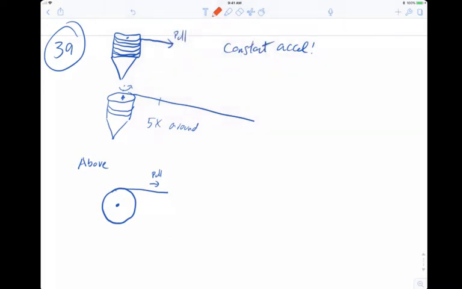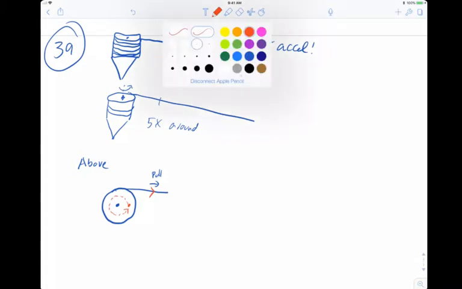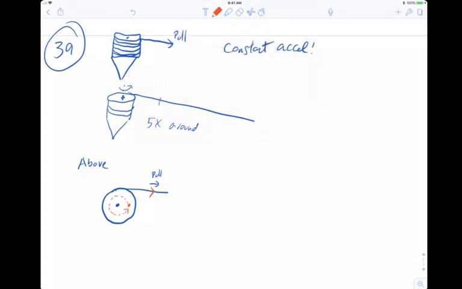And imagine I put a little dot here. As I pull the rope to the right, the dot goes in a circle. So we might ask how much time it takes for this dot to go around 5 times. We describe everything in terms of angular position.